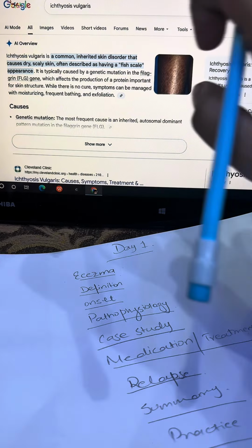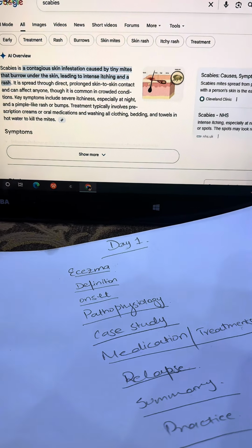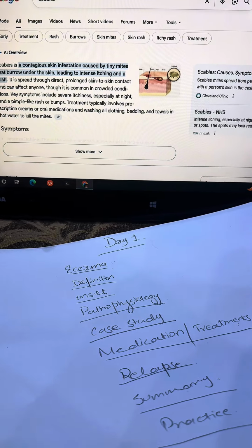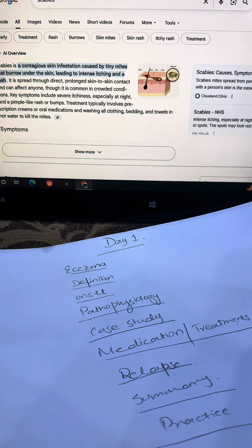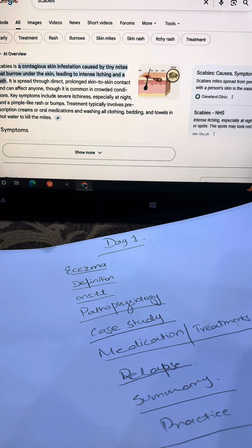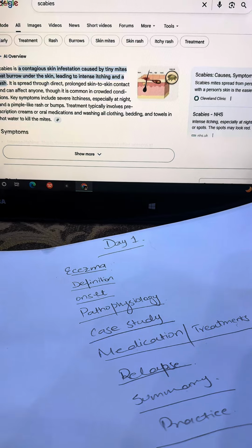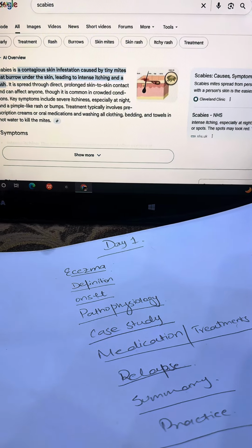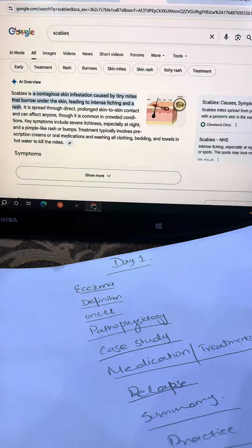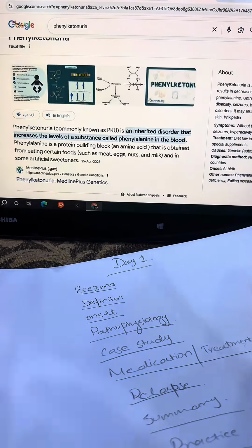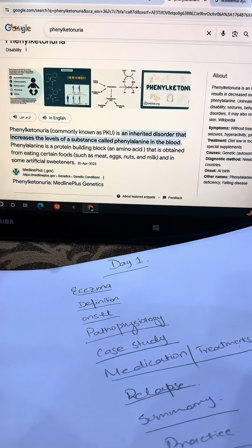Okay, the third one is scabies. Scabies is a contagious skin infection caused by tiny mites that burrow under the skin, leading to intense itching and rash. In eczema or atopic dermatitis, the main concern of our discussion is itching. Phenylketonuria, PKU.